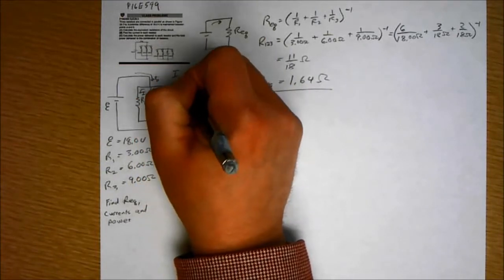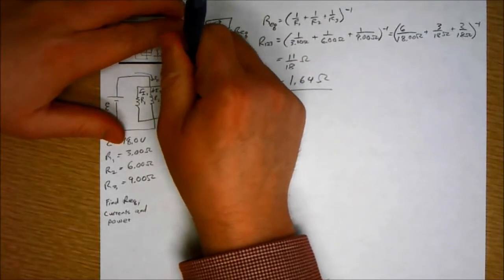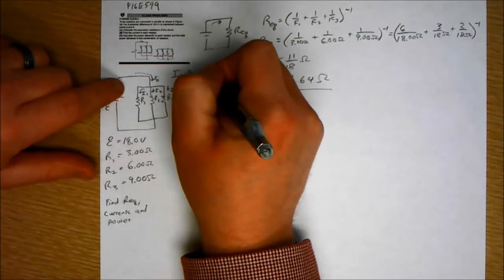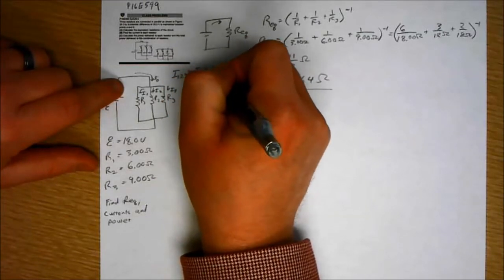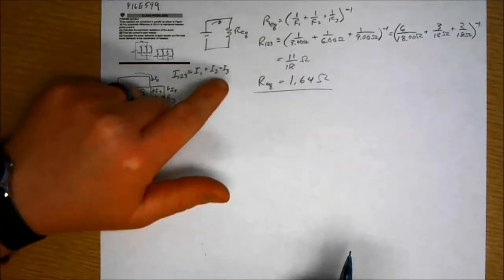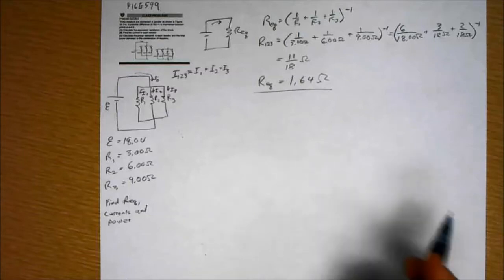And if we say I naught or whatever, I1,2,3, let's do that. If that's the current through the whole circuit, then that's going to be the addition of I1 plus I2 plus I3. So we need to find these values. But we only have the equivalent resistance. So how do we go about that?